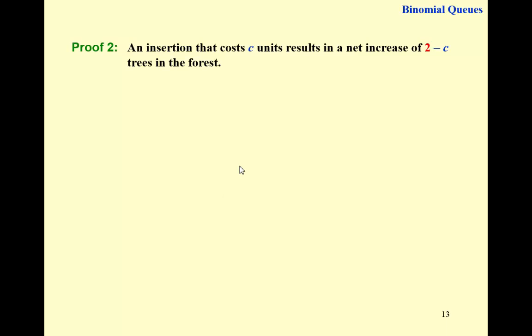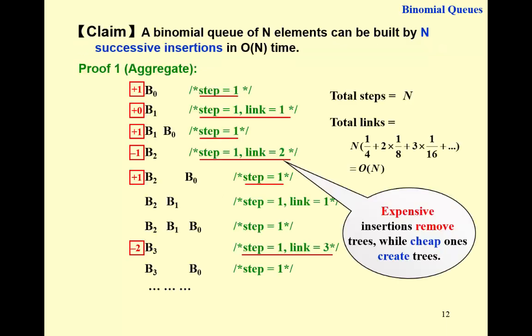Is it really so? Let's turn back to check. For example, if it takes 3 steps to complete the insertion, then it will cause a net increase of 2 minus 3, that's negative 1. So 1 less tree than before.